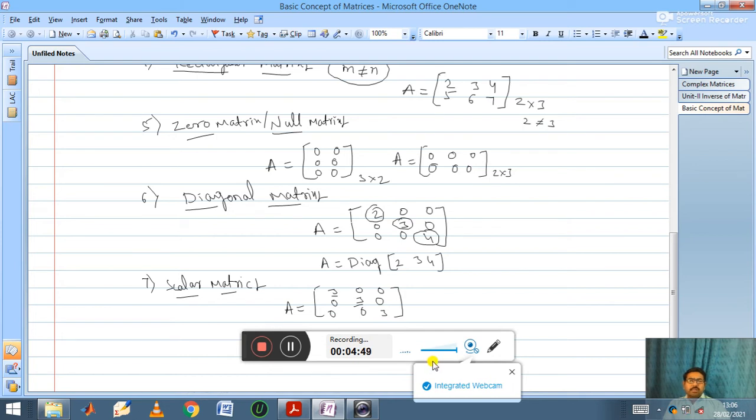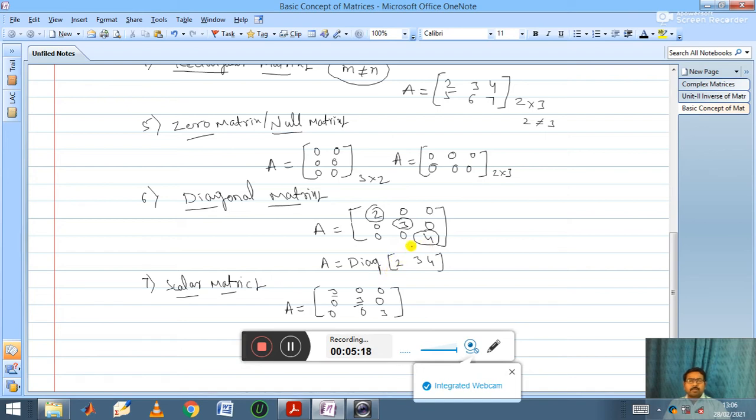It shows that a scalar matrix is nothing but a diagonal matrix. All scalar matrices can act as diagonal matrices, but the converse is not true. Not every diagonal matrix is a scalar matrix, because a scalar matrix has one special characteristic: it should contain the same diagonal elements.